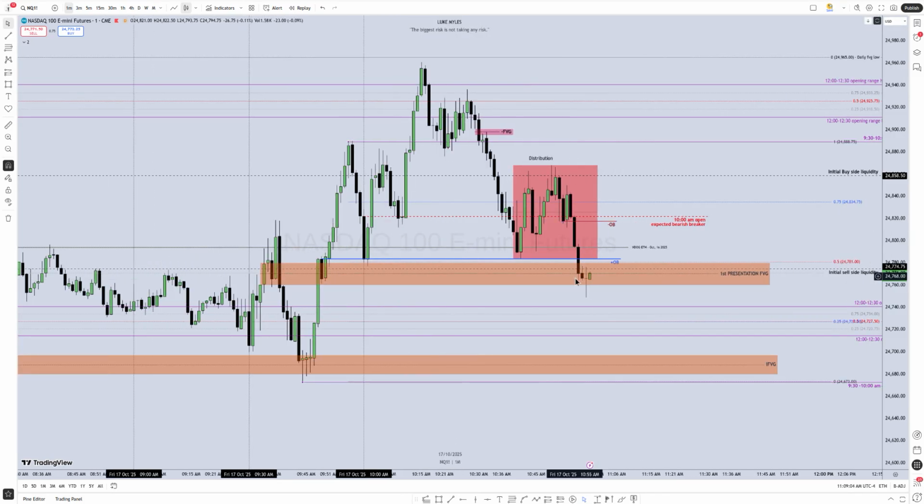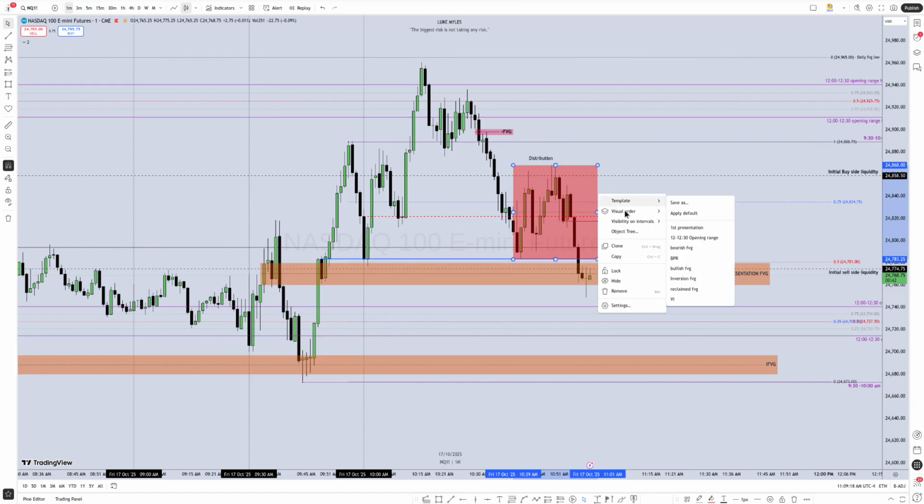Market retesting into that will give me an order block. I need a bearish fair value gap, having a bearish fair value gap right there. We're hoping to come back into that. Let me lock this in place.